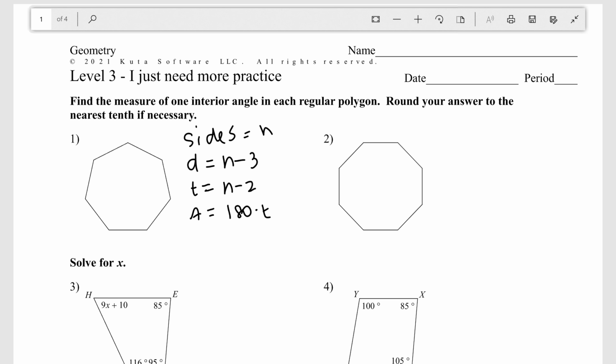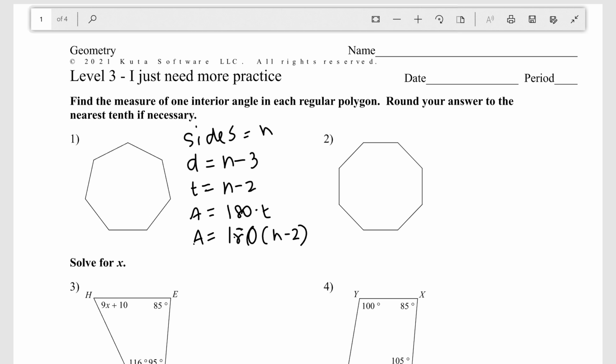And so from here, I can go all the way back to the number of sides, because then I know that T is also equal to n minus 2. Again, this is going to give us the total interior angle measures. We're going to end up solving for how many degrees are in one interior angle.